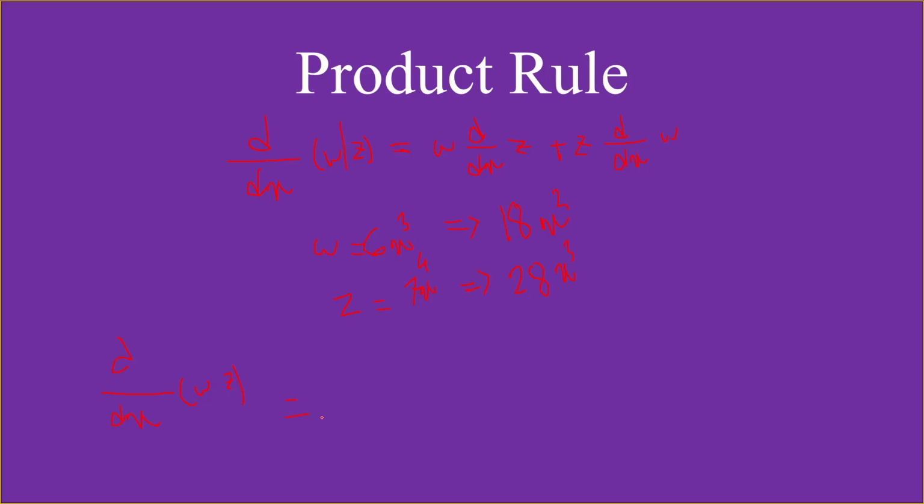So at first we have w, which is 6x cubed, multiplied with the derivative of z, 28x cubed, plus again for z we have 7x to the power 4, multiplied with 18x squared.